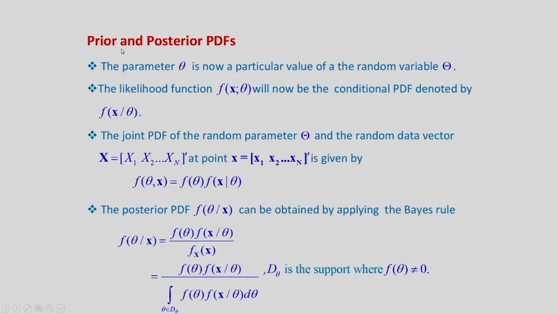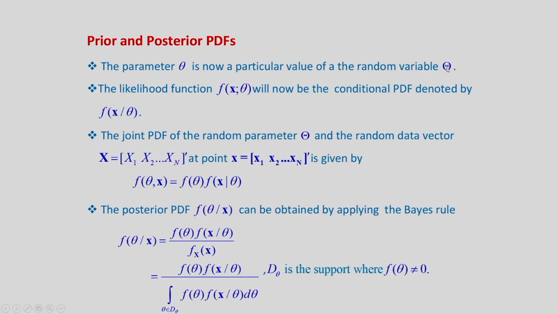Let us explain what are prior and posterior PDFs. The parameter theta is now a particular value of a random variable. Under this condition that theta is random, whatever parameter we get is a particular value of a random variable big theta.